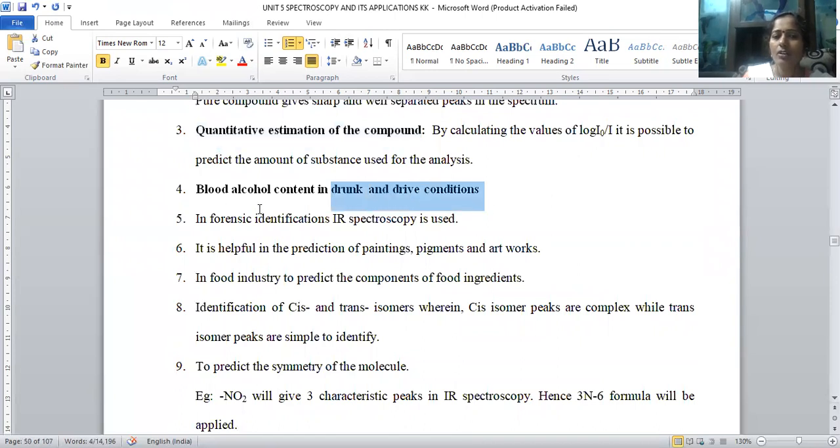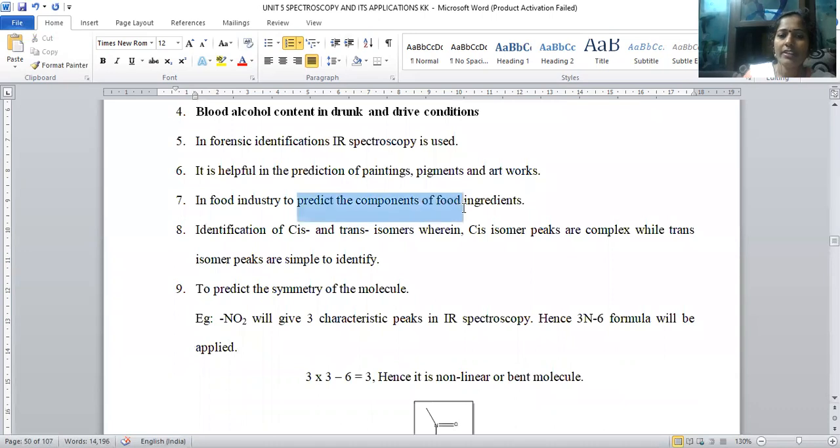Drunken driving, alcohol content in the blood can be easily identified by IR spectroscopy. Forensic fingerprints can be identified. DNA analysis is also carried out by using IR spectroscopy. Archaeological paintings, pigments, and age can be predicted by IR. In industry, the ingredients present in food material can be predicted.